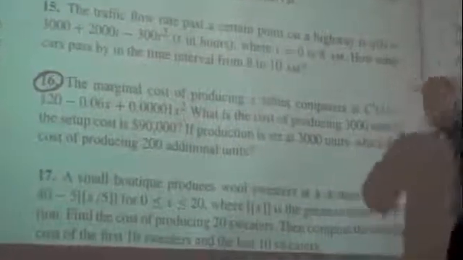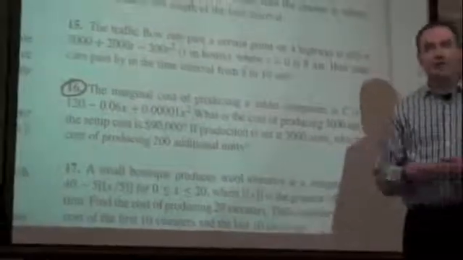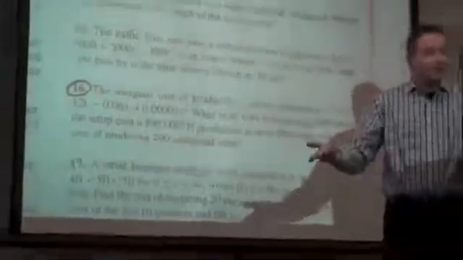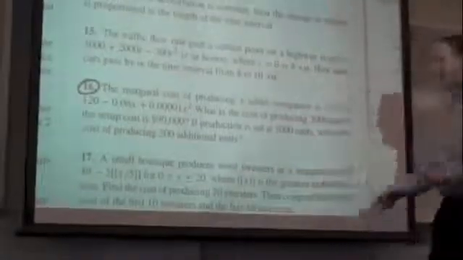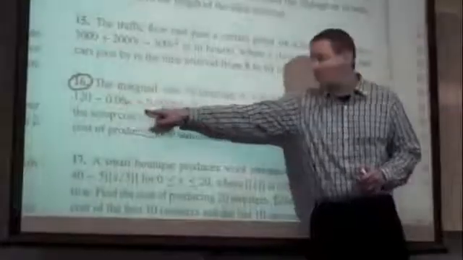This one's talking about a marginal cost of producing x tablet computers is C prime of x. So that's the change in our cost function. Marginal cost is the incremental cost per item. So if you know that your costs are increasing by $100 per computer, hey, that's C prime of x is 100. In this case, C prime of x is a function of x.